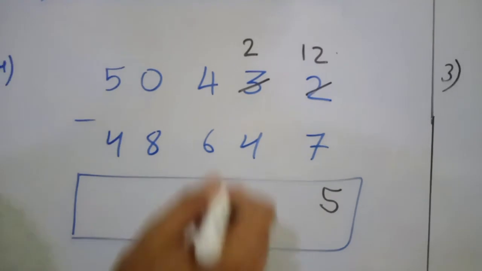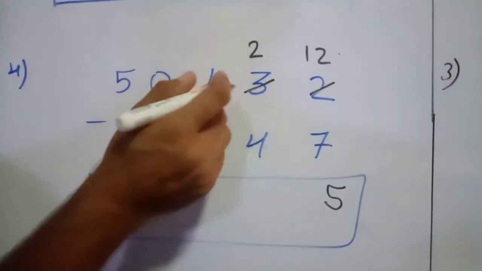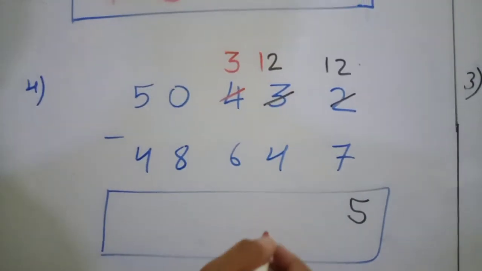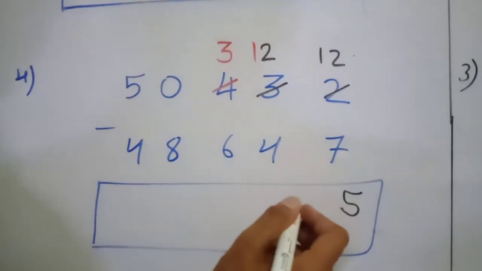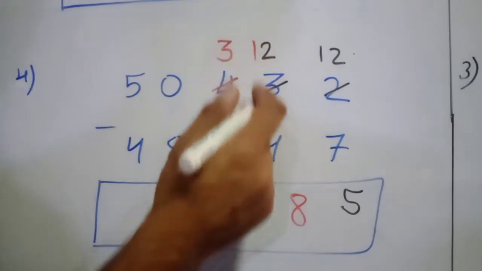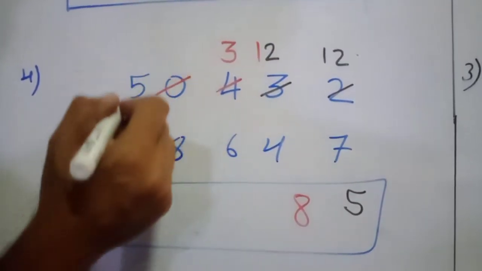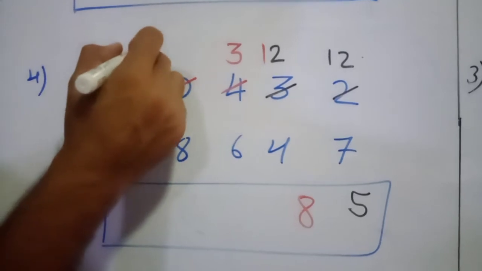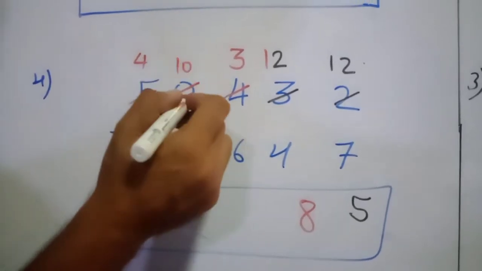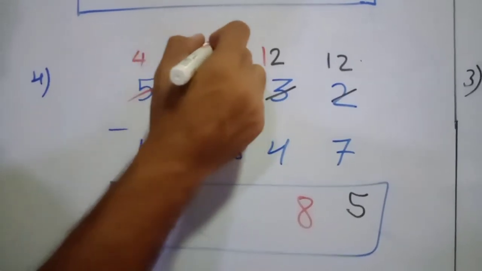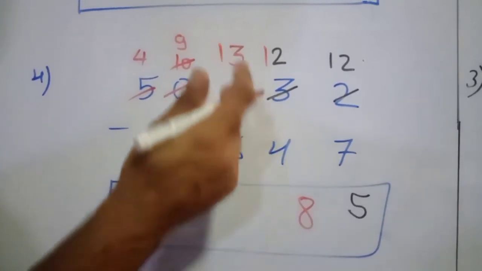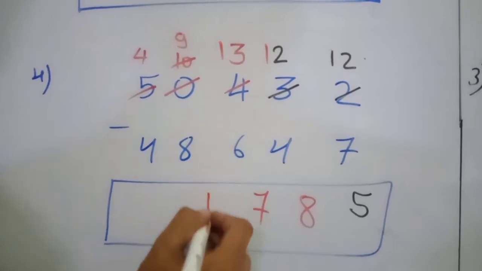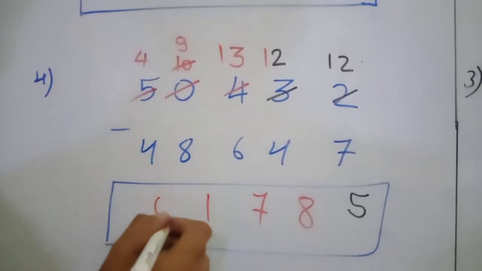No. So 2 also borrows 1 from the next number, that is 4, which becomes 3, and this 2 becomes 12. 12 minus 4, 8. 3 minus 6, no. It goes to the next number, 0. This 5 becomes 4, 0 becomes 10. Now this 10 becomes 9, then this 3 becomes 13. 13 minus 6, 7. 9 minus 8, 1. 4 minus 4, 0.